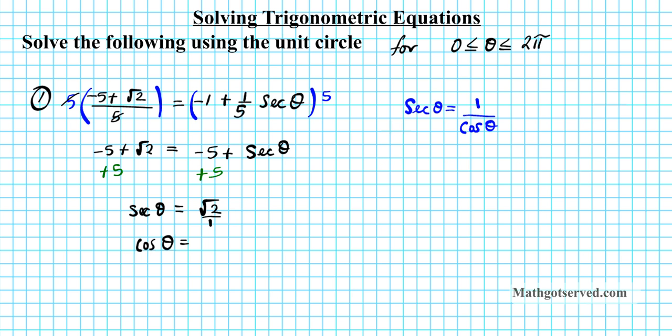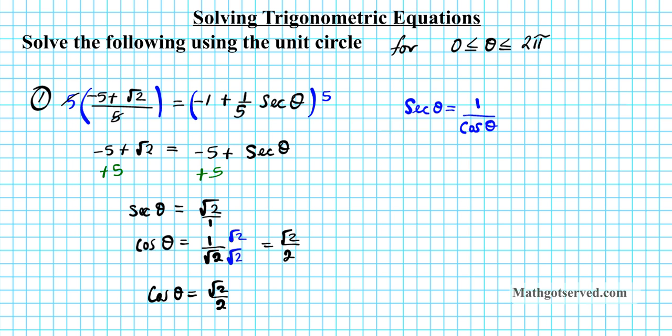So if there's a 1 here, this will become 1 over root 2. Okay, so if you reciprocate secant, you end up with cosine. Now, we have 1 over root 2 here. To get rid of the radical in the denominator, you rationalize root 2. That gives us root 2 over 2. Okay, so we have cosine theta equals root 2 over 2.